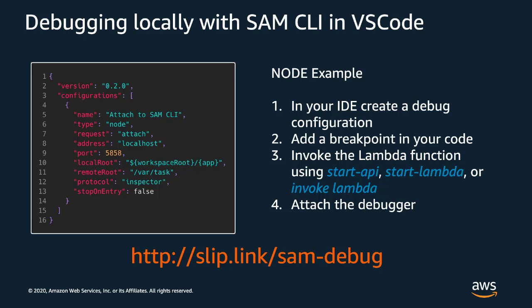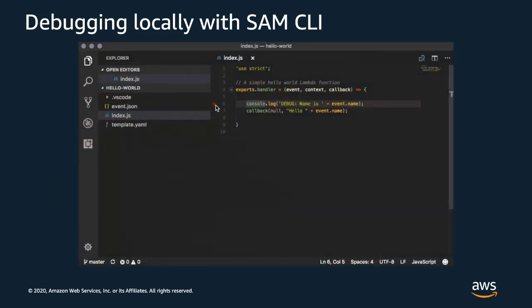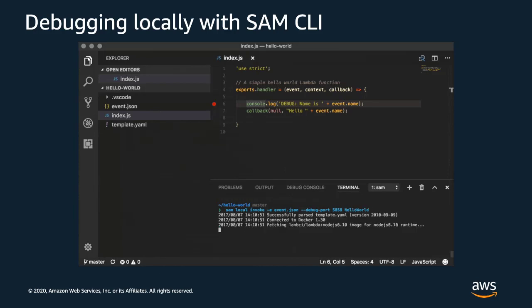All right, now let me show you a quick video. You can see here I've got my code in there. I'm going to add a breakpoint. Then I'm going to run my SAM local invoke, and you can see here I'm passing in an event, a debug port, and telling it which function I want to run.